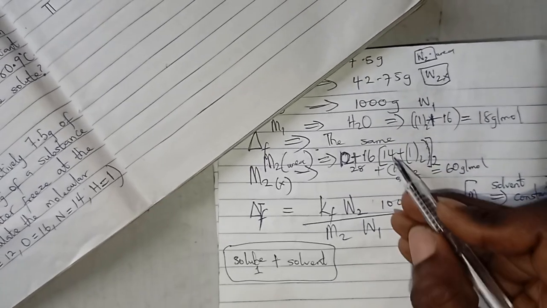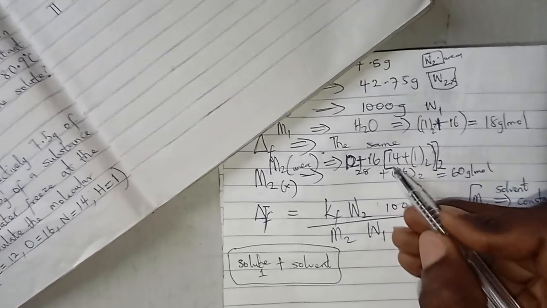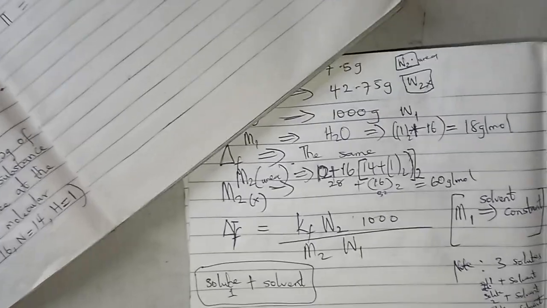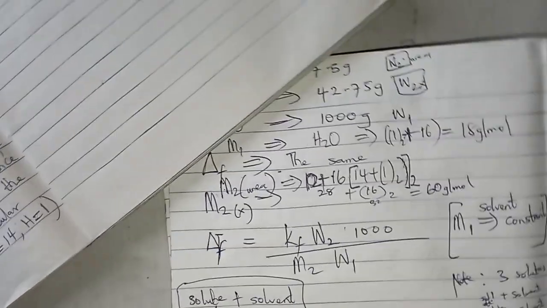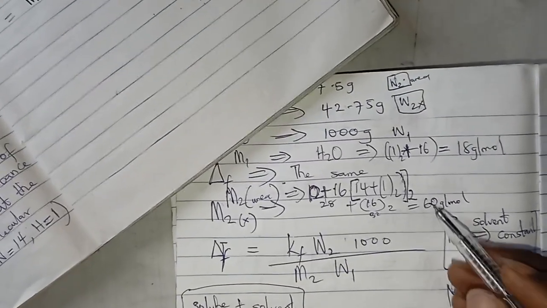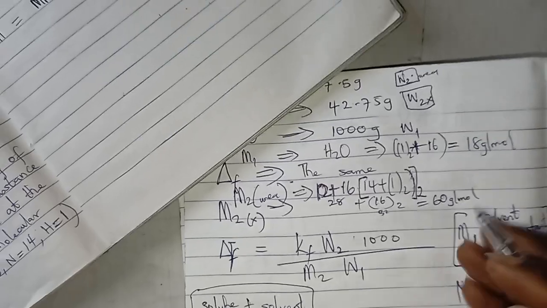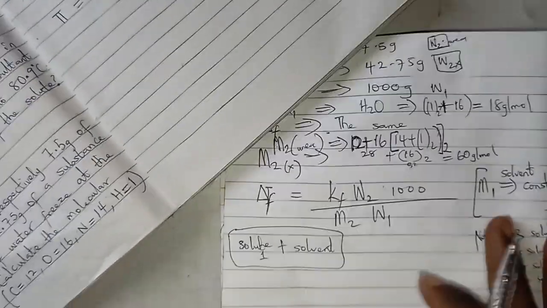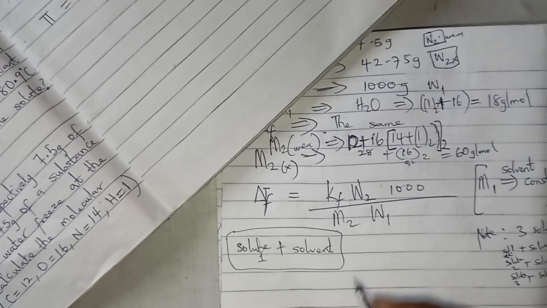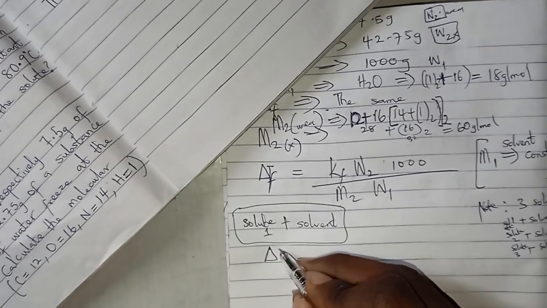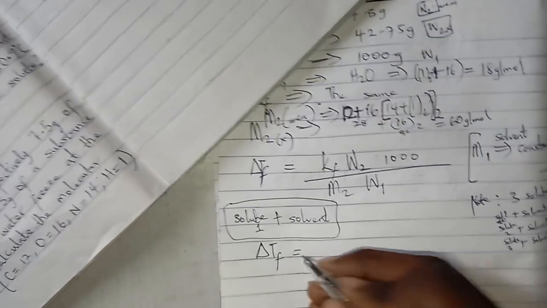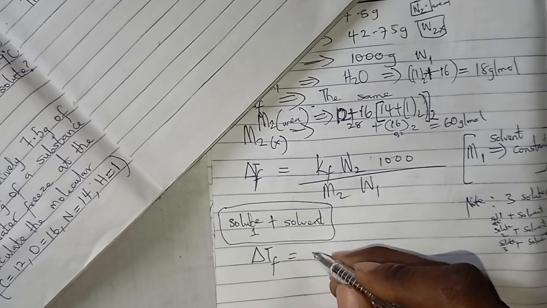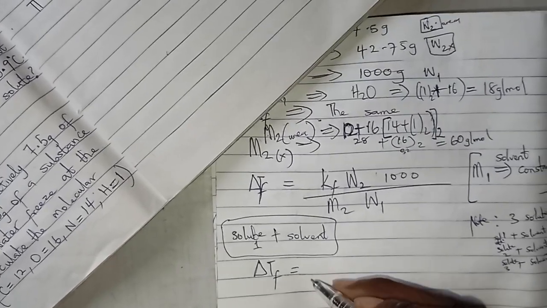I've taught you something like this before in class. So I get 60 gram per mole for urea, M2 for urea. Let's plug it into this. So I have change in T_f equals K_f, which is given to me.